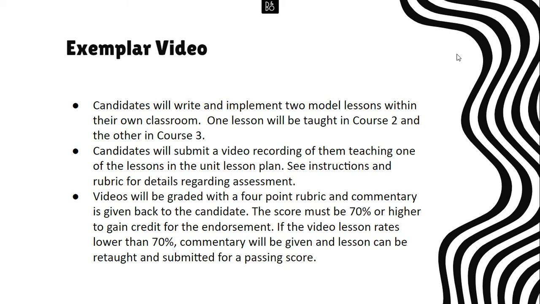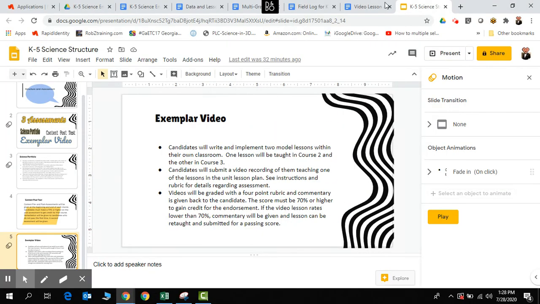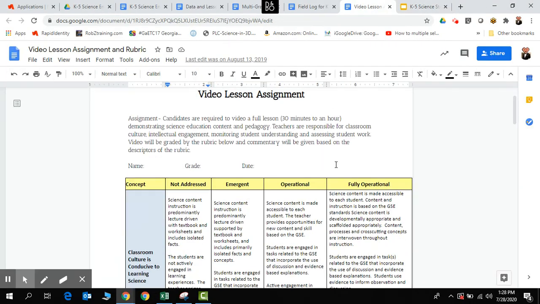Okay. So hopefully, though, you will know exactly what our standards are because we will have laid the expectation down so fully for you that you will know what we're looking for when we look at the unit science test. And so this right here is your video lesson assignment.